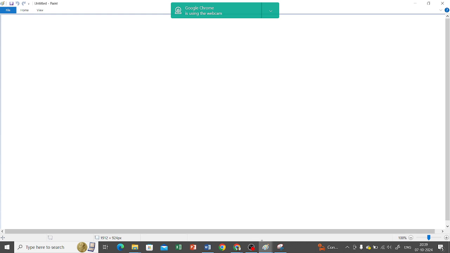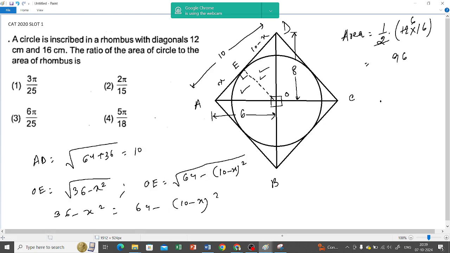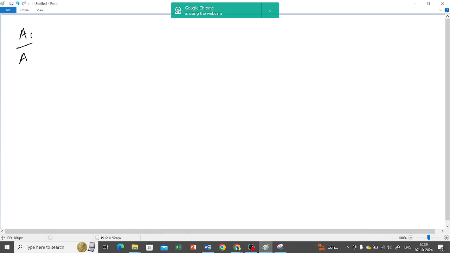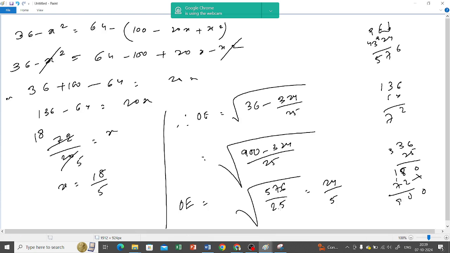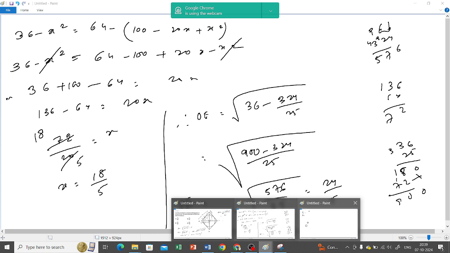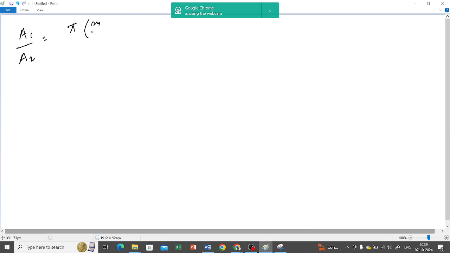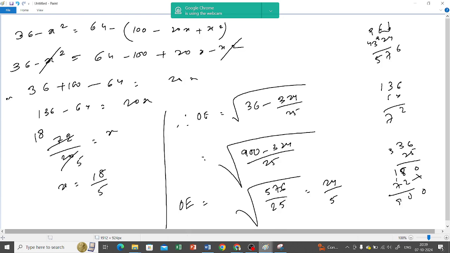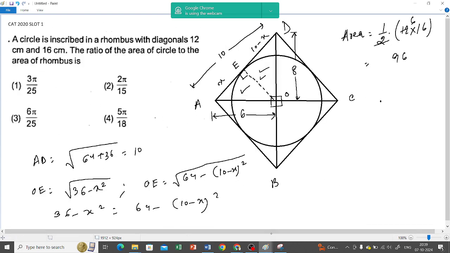Okay, so now we can find out the ratio of the area of the circle to the area of the rhombus. So that is pi r square, that is pi into (24 by 5) whole square divided by the area of the rhombus, which is 96.